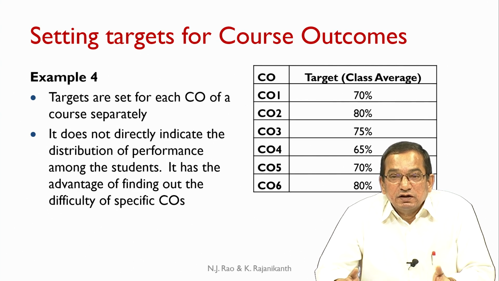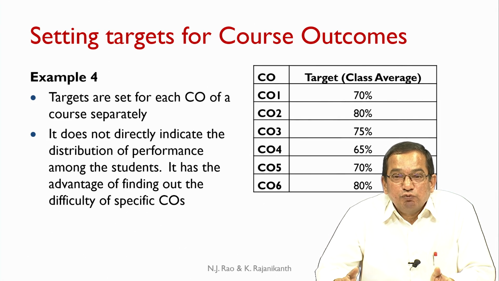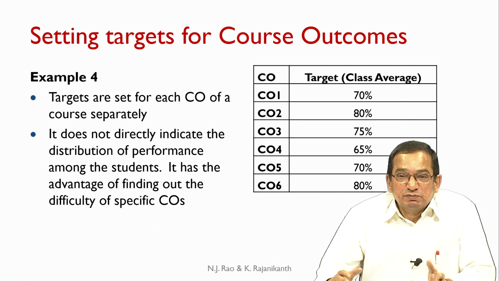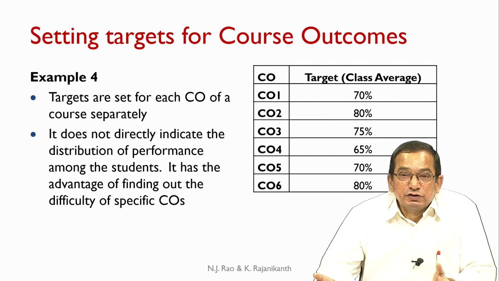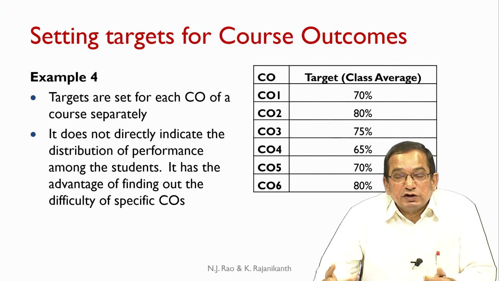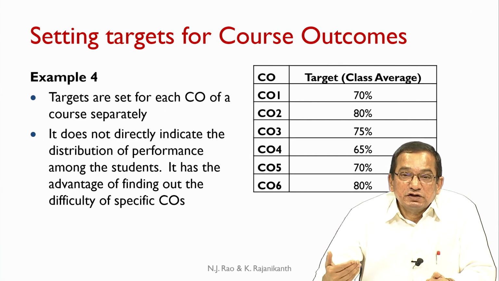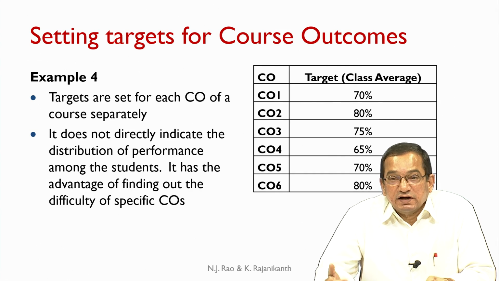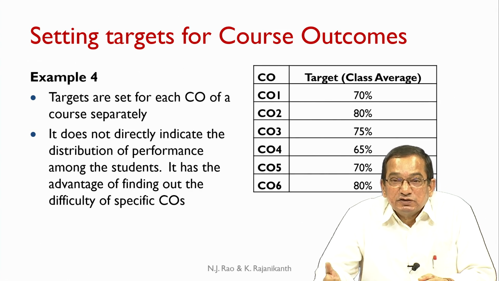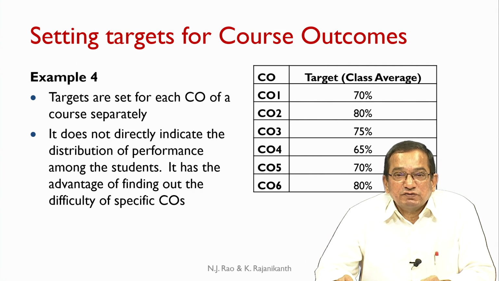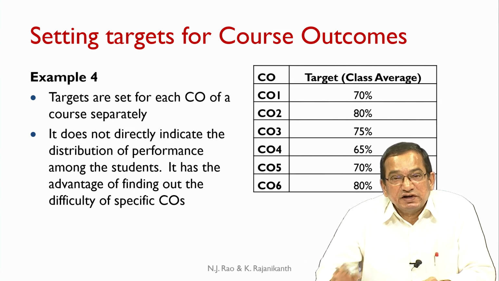We have to take the average performance of the students during the internal evaluation or continuous internal evaluation or CIE, and during the semester end examination or SEE, and combine them appropriately based on the university regulations to determine the class average. So, computing the attainment level is also relatively simple, and it does give us an idea as to which are the course outcomes which need greater attention from the instructor the next time the course is delivered. So, this is one of the useful and simple ways of setting the target.